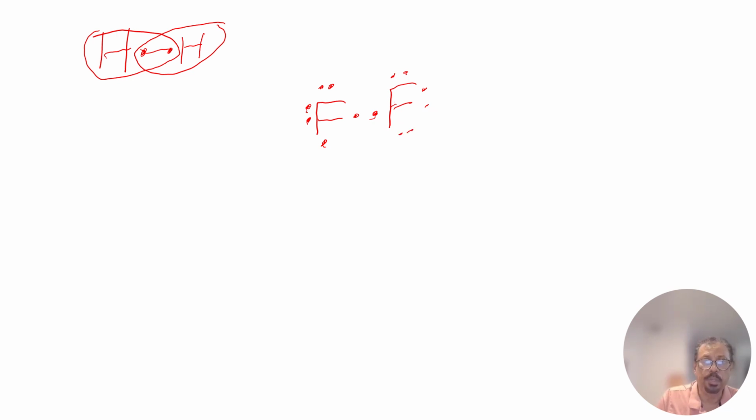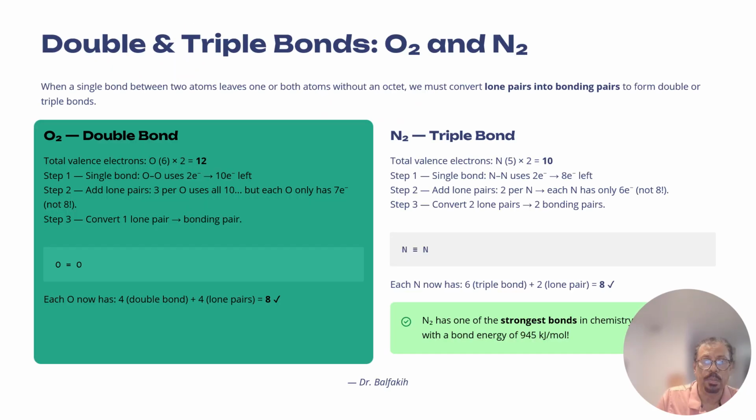Now this fluorine needs 1 electron, so we're going to share. I'm going to draw it again, sorry. 1, 2, 3, 4, 5, 6, 7, and the other one, 1, 2, 3, 4, 5, 6, 7.